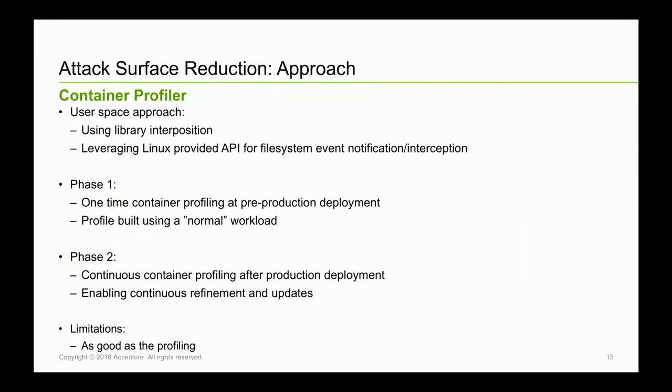To recap our methodology, we want to find a way to profile a container in user space. We can use either library interposition or leverage the existing system call API to get event notification.